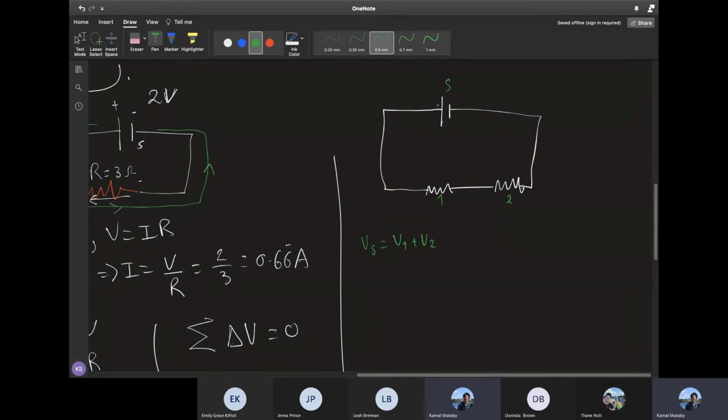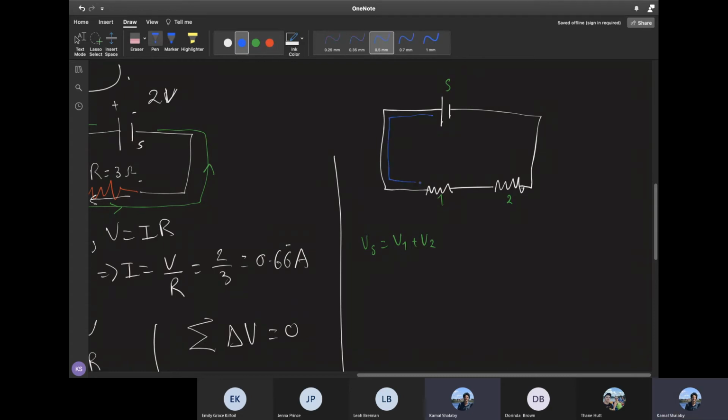Because the potential difference gets divided into two parts, to resistor 1 and resistor 2, since both of them have the same current.